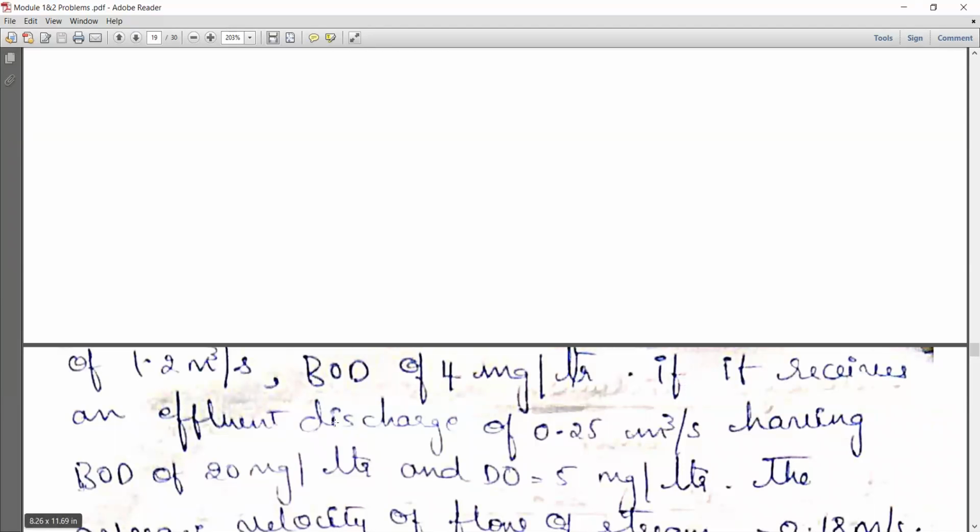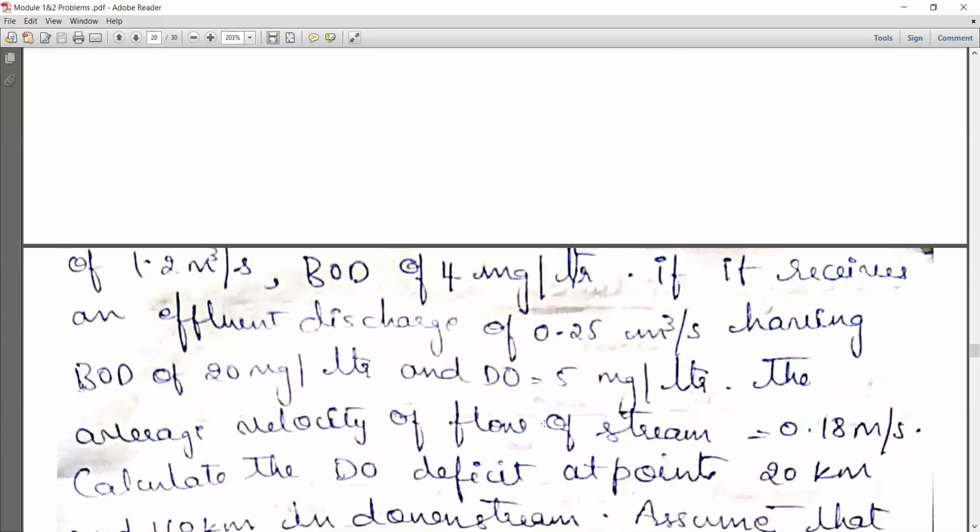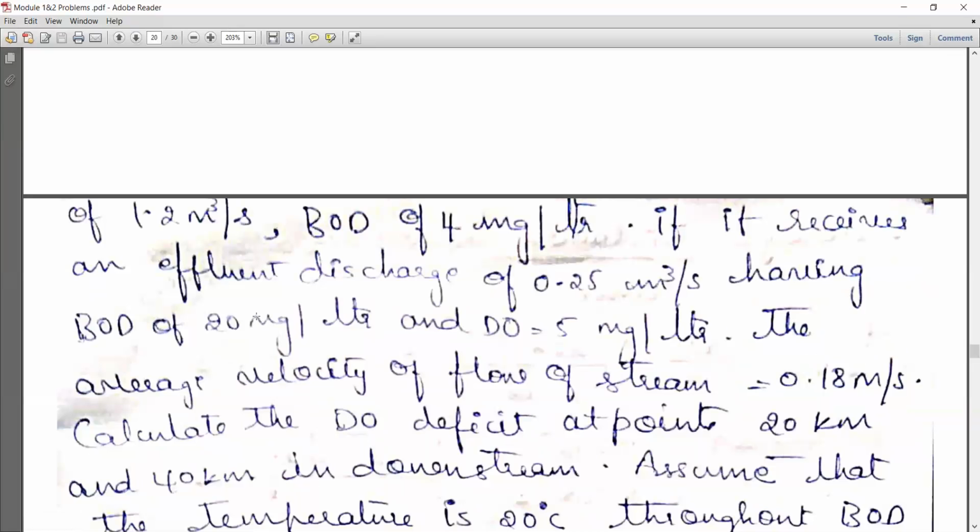If it receives an effluent discharge of 0.25 meter cube per second, that is the wastewater discharge, having a BOD of 20 mg per liter and DO of 5 mg per liter.